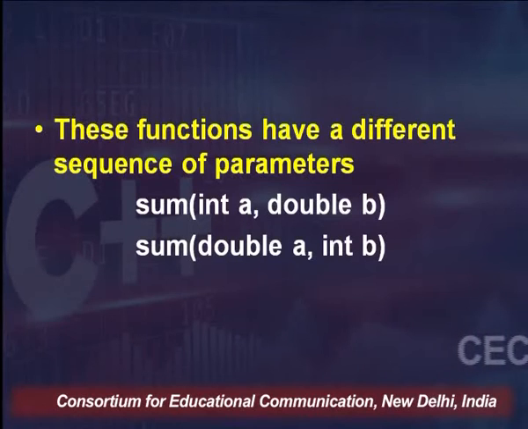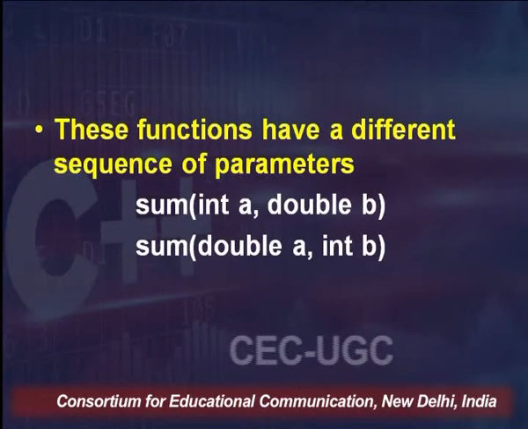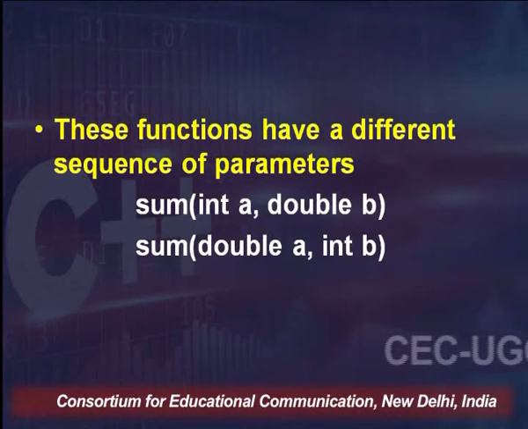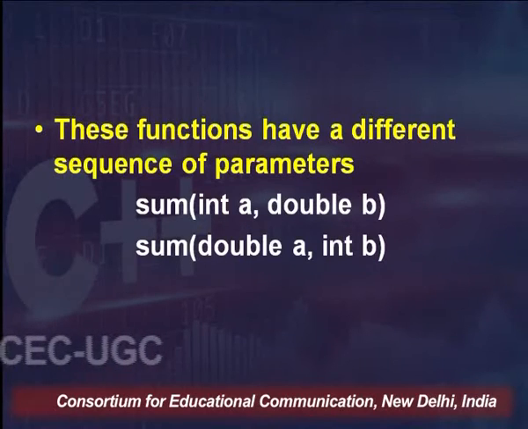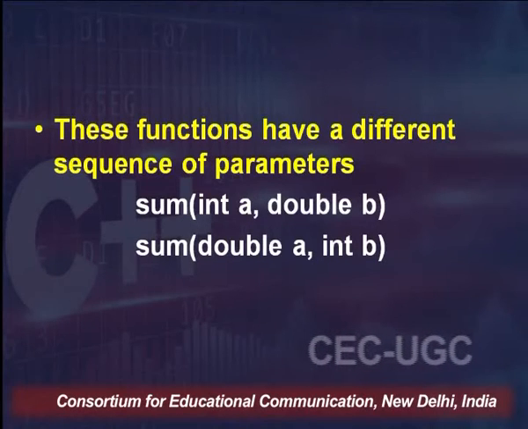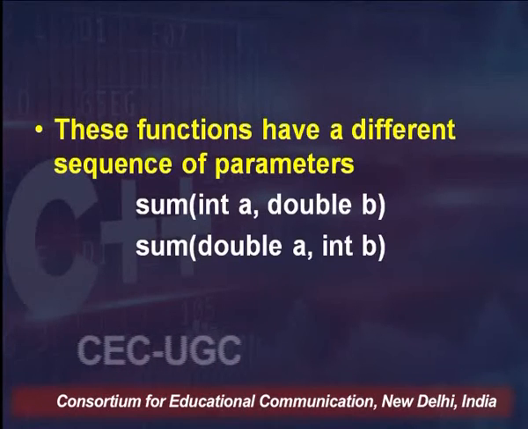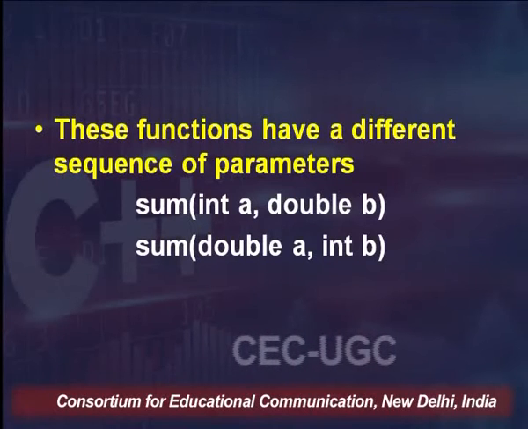In the first call an integer and then a double is passed, in the next call first a double and then an integer is passed. So if functions have the same number of parameters and the same types, they must have a different sequence of parameters, otherwise your compiler will issue warnings and errors to you.